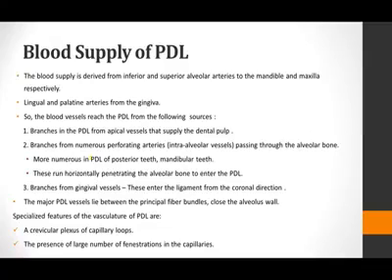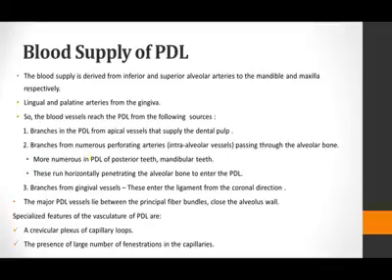The vessels that reach the PDL are coming from various sources. The majority are branches from the apical vessels that supply the dental pulp. So the vessels that supply the dental pulp branch into the periodontal ligament.